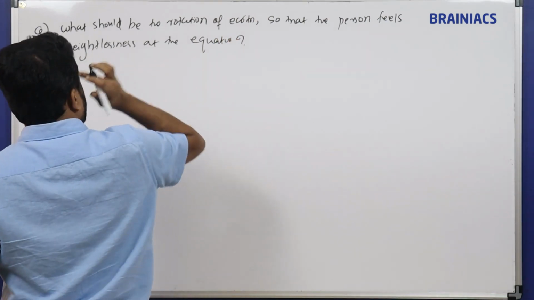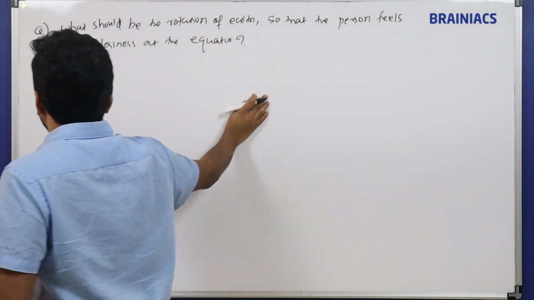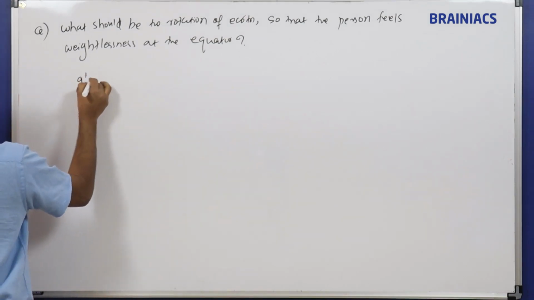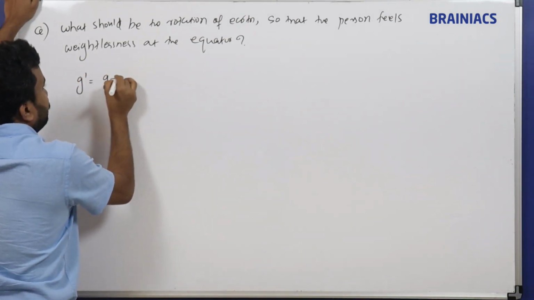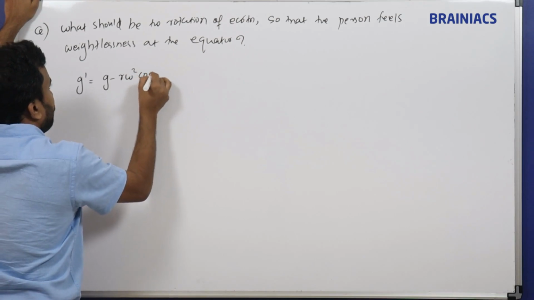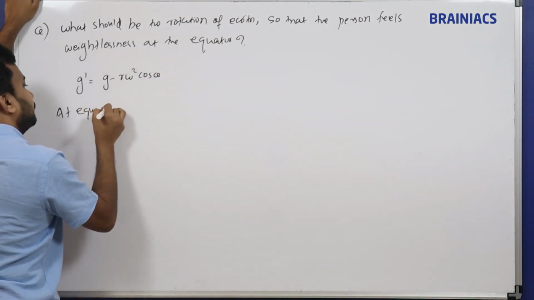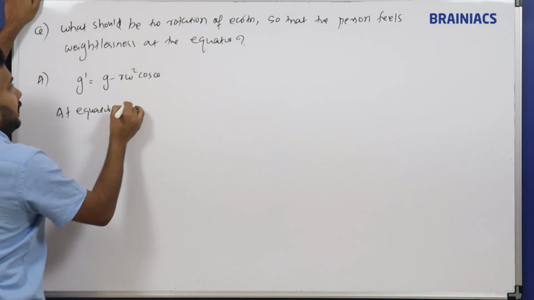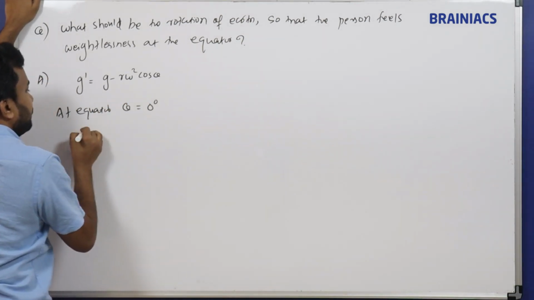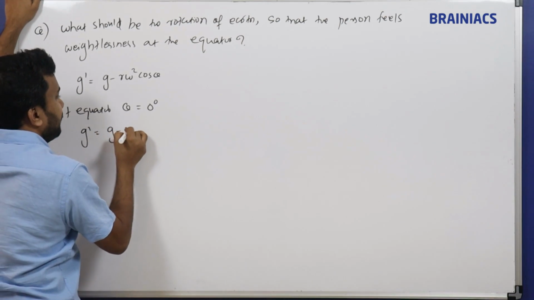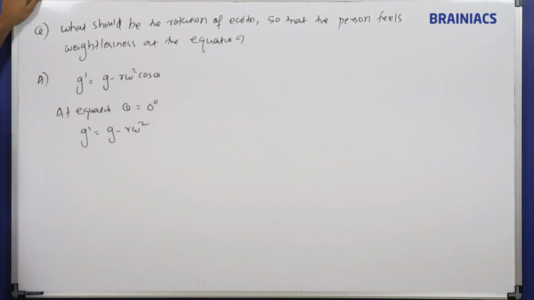They are asking speed, rotation of earth. So it is related with the rotation of earth. We know g effective equals g minus R omega square cos theta. At the equator, theta will be equal to 0 degrees. So g dash will be equal to g minus R omega square.